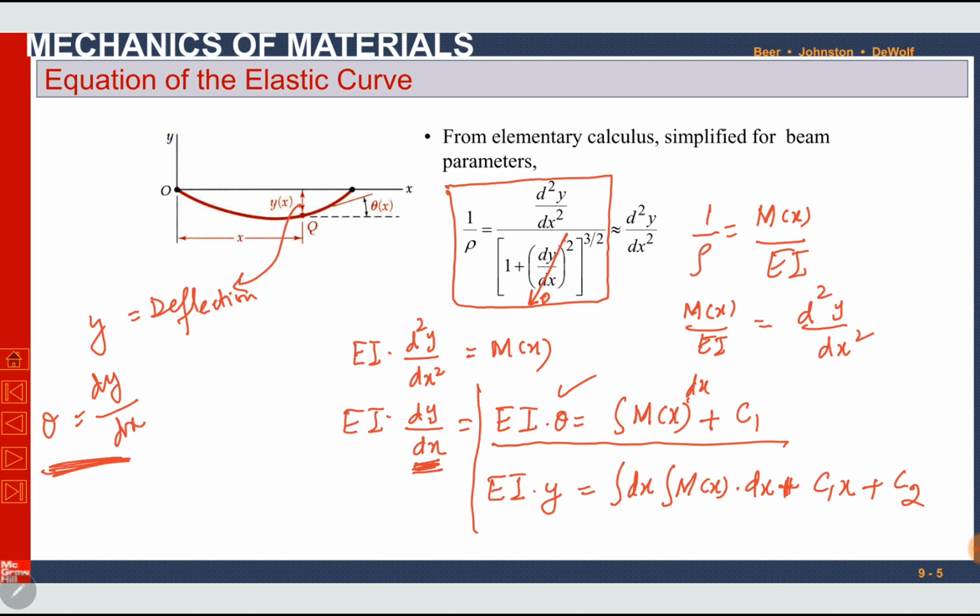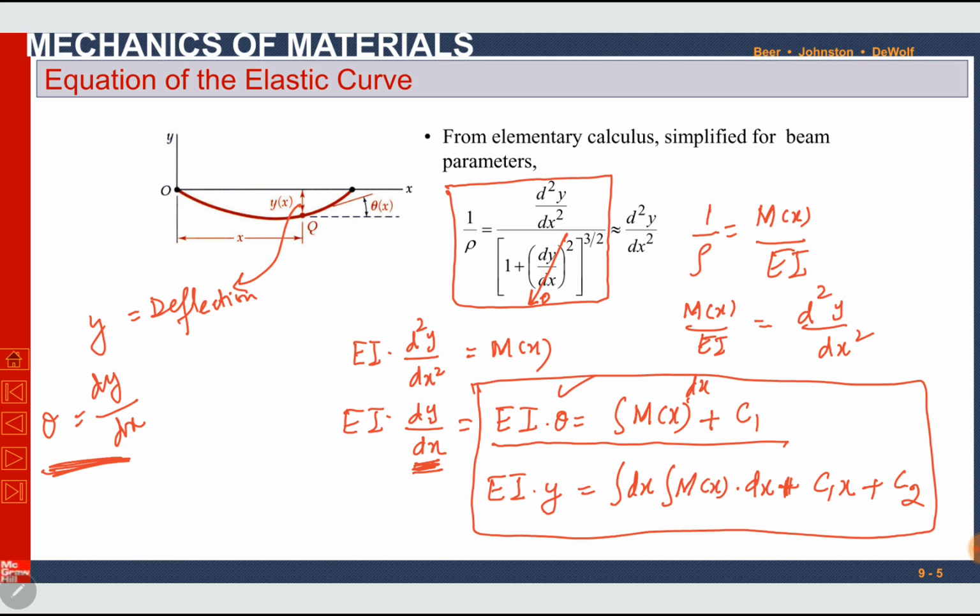These two expressions are very useful to determine slope and deflection along the beam curve at any point. We can simply put the value of x and we can get values of y and theta.